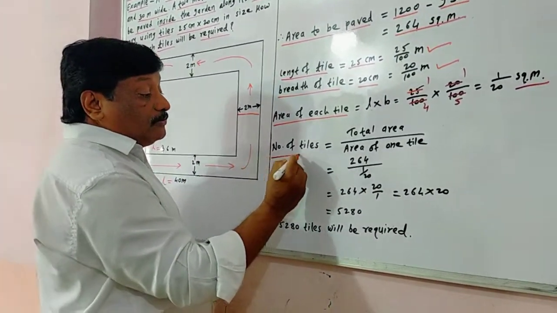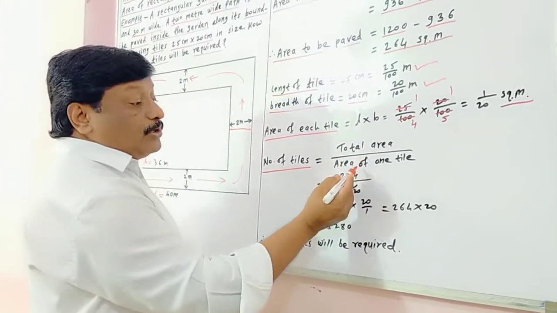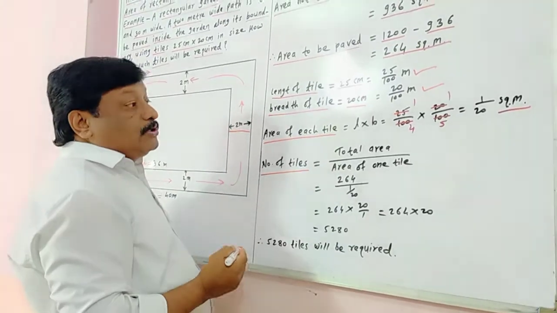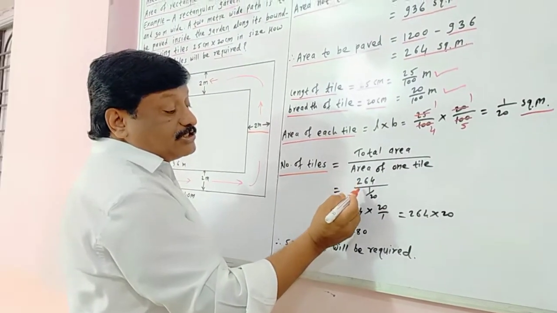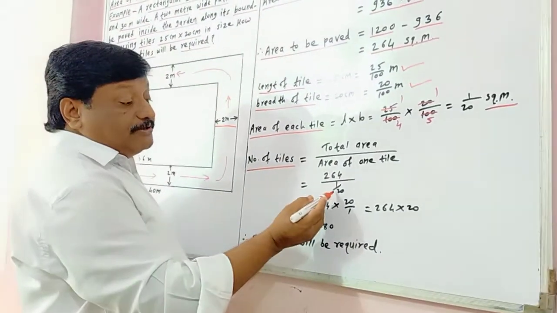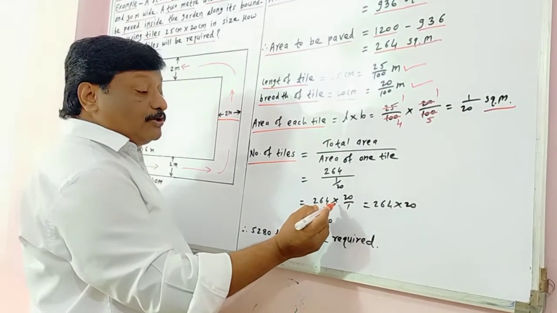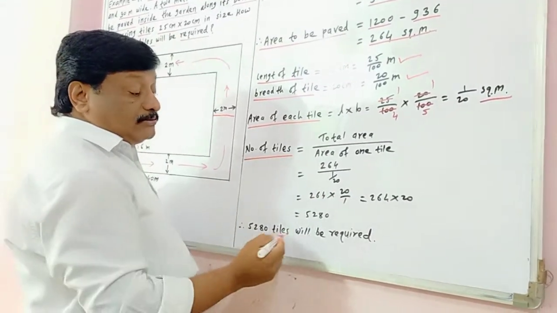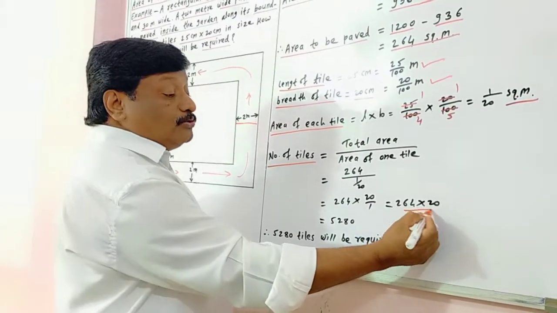Now number of tiles is equal to total area upon area of one tile. Area to be paved, it is 264, so equal to 264 upon area of one tile 1 upon 20. Now division means multiplication by reciprocal, so equal to 264 into 20 upon 1. 20 upon 1 means 20, so equal to 264 into 20.